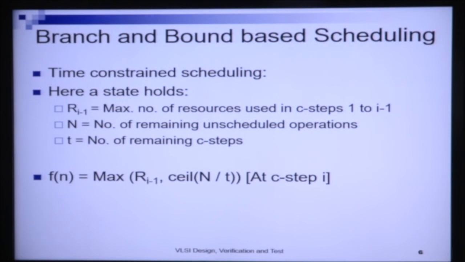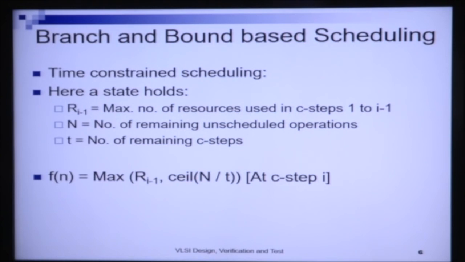So I have a remaining number of time steps. In any of these time steps, what is the lower bound of the maximum number of resources that I may need? Now, a max of r_{i-1} and ceil n by t.